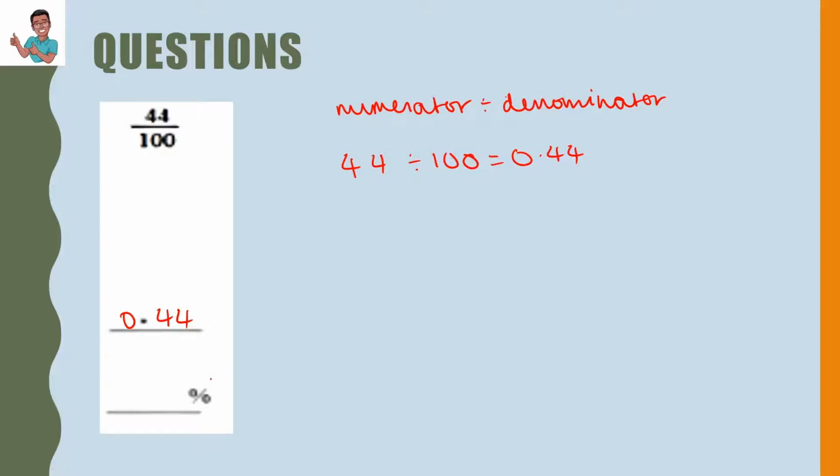Now when we convert to a percentage, we multiply by 100. 0.44 multiplied by 100 is 44.